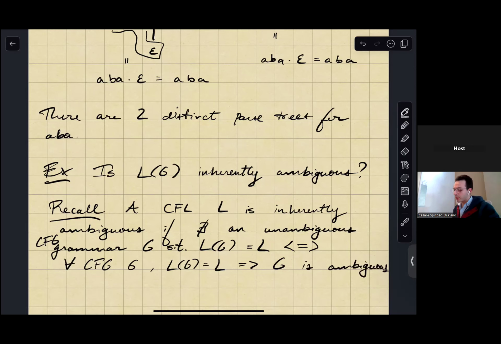So here we're dealing with notions of ambiguity in terms of context-free languages and context-free grammars.